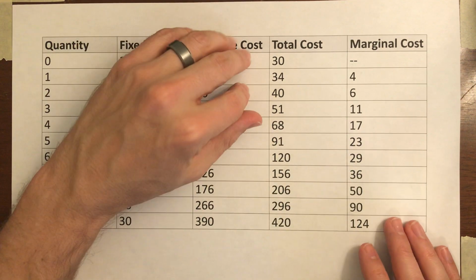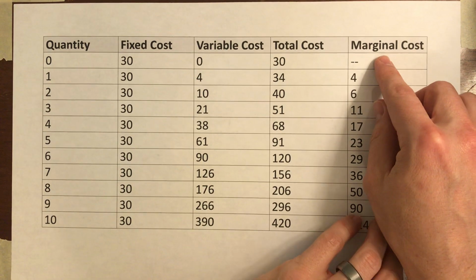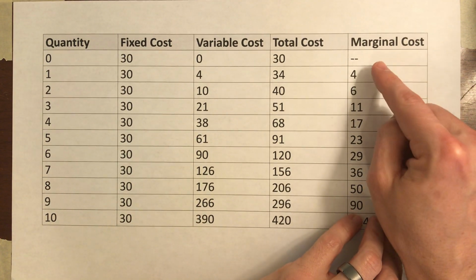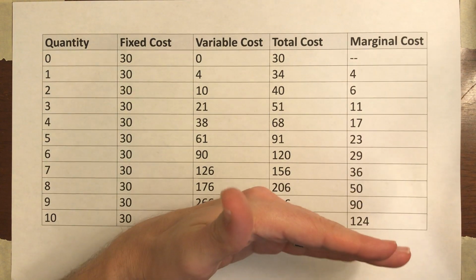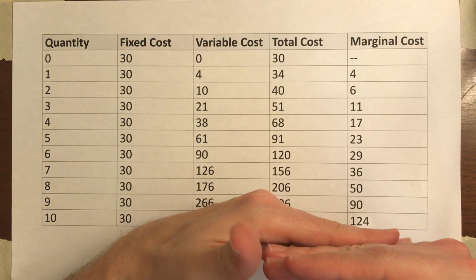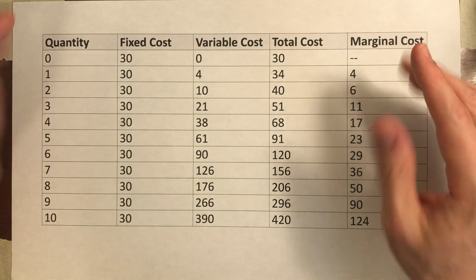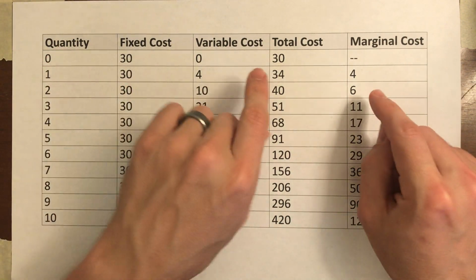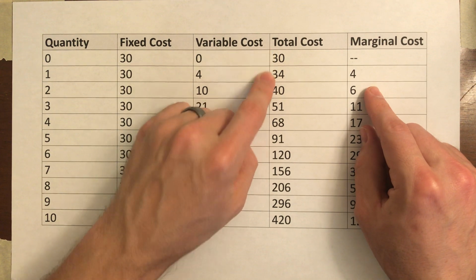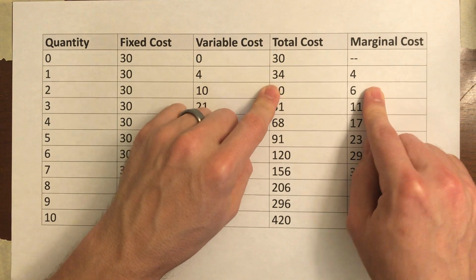A couple other things to notice. First of all, just like marginal revenue is not really well defined at a quantity of 0, same thing for marginal cost, because you never go from unit -1 to unit 0. So at a quantity of 0, it's not well defined. Second thing to point out is you don't even have to have the total cost curve to find marginal cost.